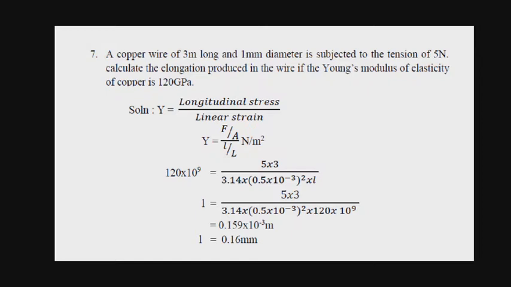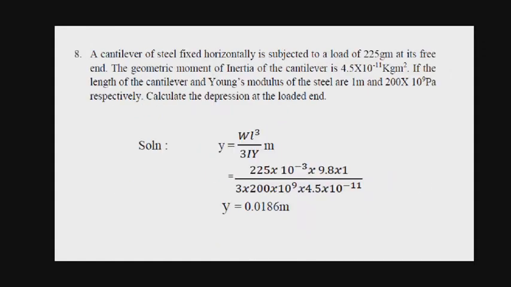Rearrange the formula for l, that is l is equal to 5 into 3 divided by 3.14 into (0.5 into 10 to the power minus 3) whole square into 120 into 10 to the power 9, which is equal to 0.159 into 10 to the power minus 3 meter. So l is equal to 0.16 millimeter. Next.